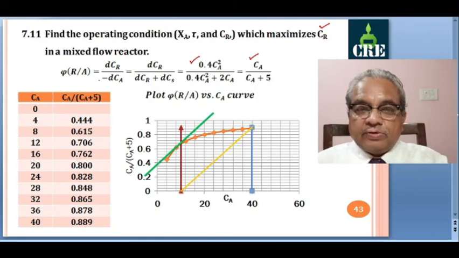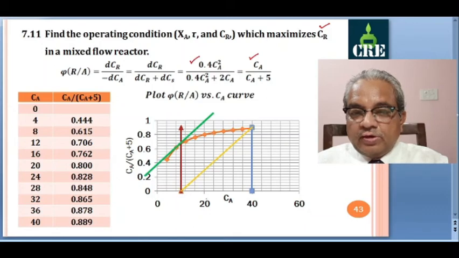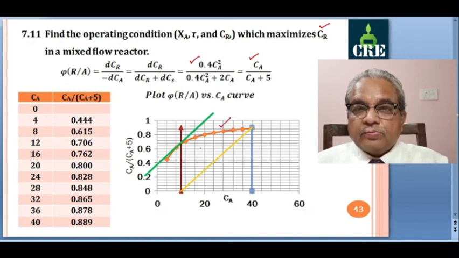So CA by CA plus 5, this you can calculate, and this is nothing but instantaneous yield of R by A, plotted as a function of concentration here. So this is the curve you get.